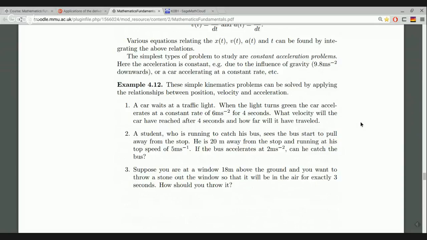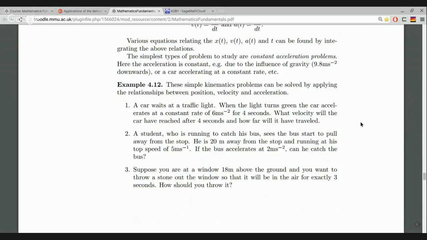At time 0, when the light turns green, the car is still there at the traffic light, so it's got position 0. So we have x of t equals 3t squared. And that will be enough to answer whatever question we're asked. So what is it doing after 4 seconds? The position at 4 seconds is x of 4.